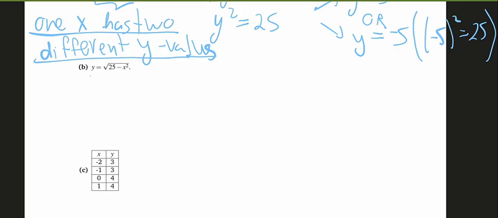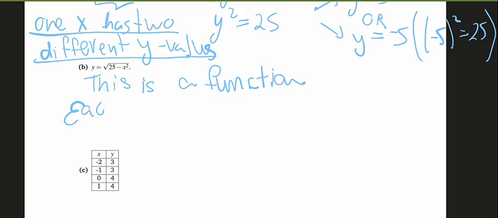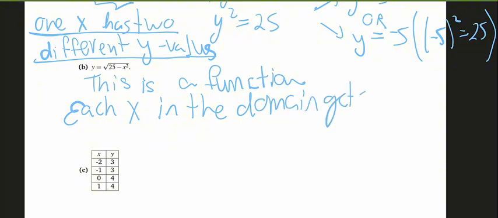So this is a function. Good. Each x in the domain gets one y exactly.